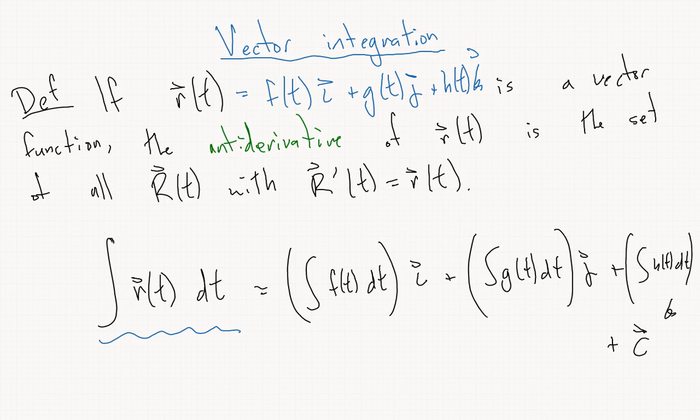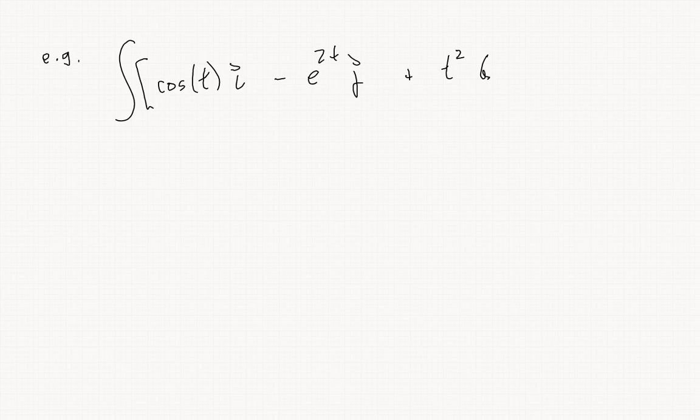Okay, so let me do an example. For example, if we looked at the indefinite integral of cos t i minus e to the 2t j plus t squared k dt, then we just integrate this component by component.